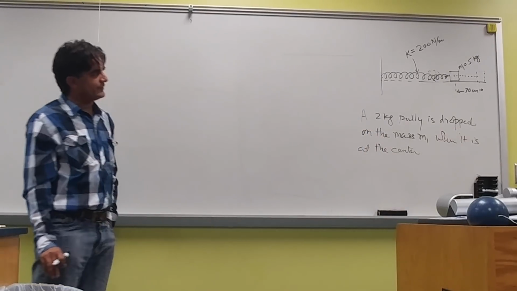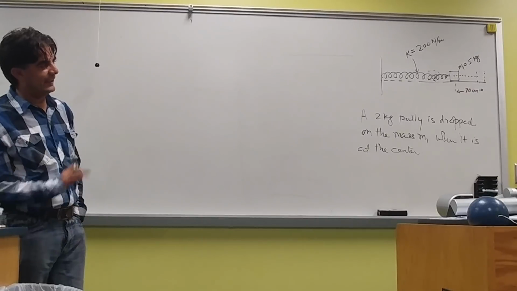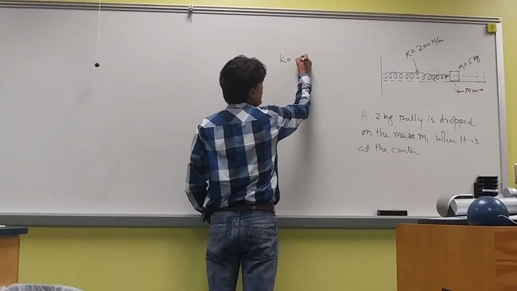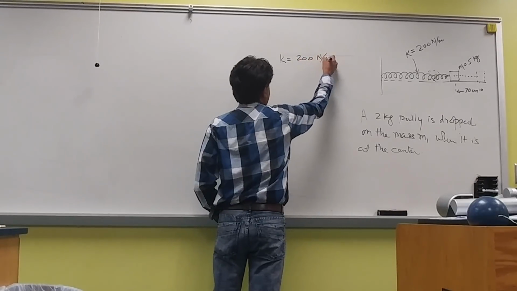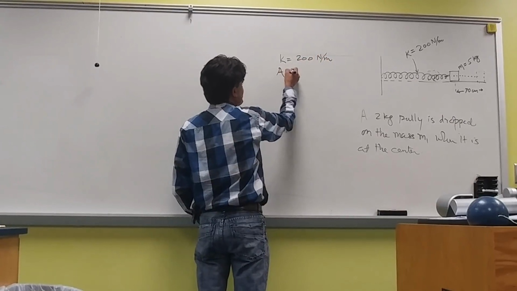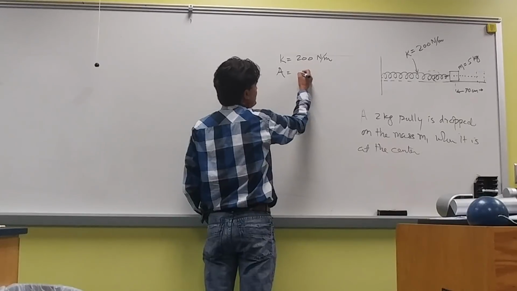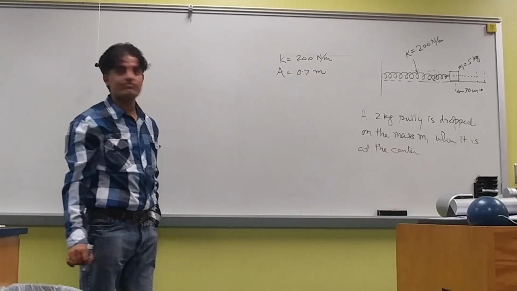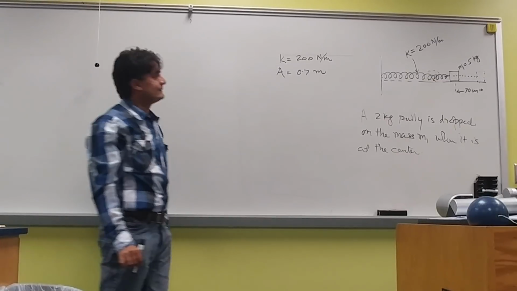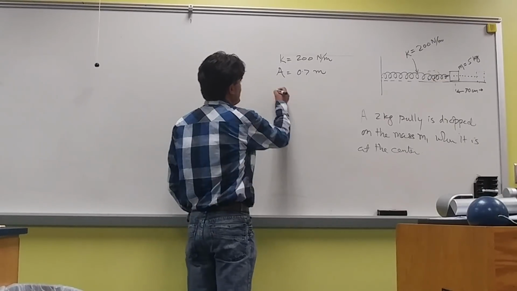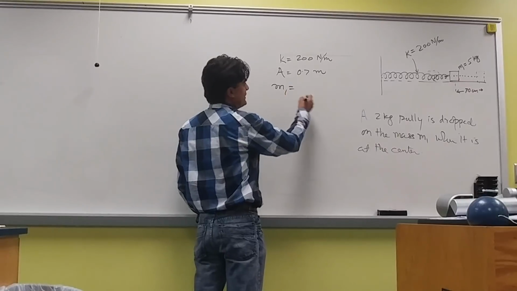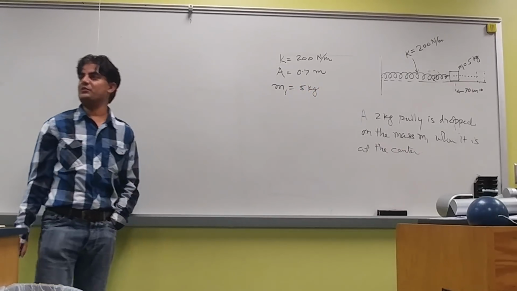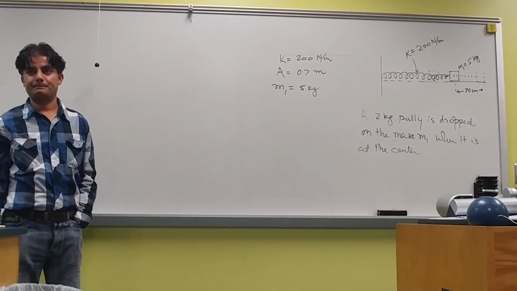From this information, you have K, which is 200 Newton per meter, your amplitude, which is 0.7 meter, and your mass M1, which is 5 kilogram. From this information, can you find the velocity?